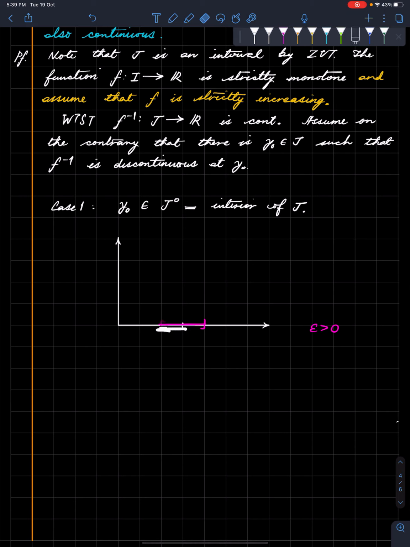I want to draw it in the vertical line. Sorry about messing that up.